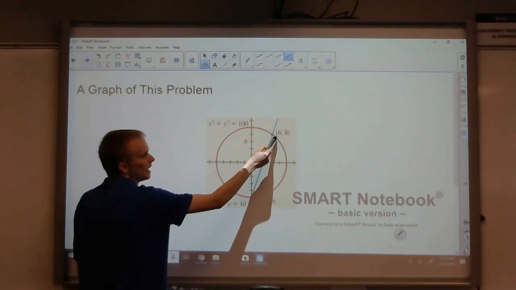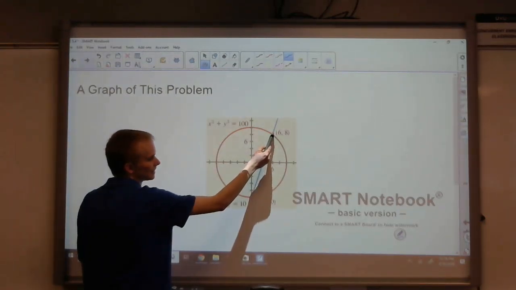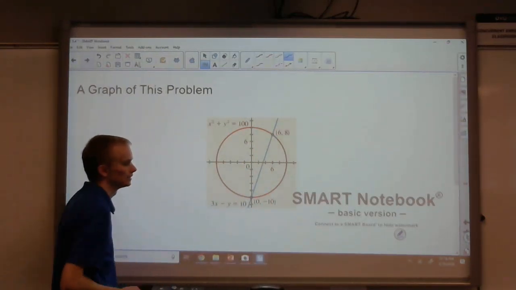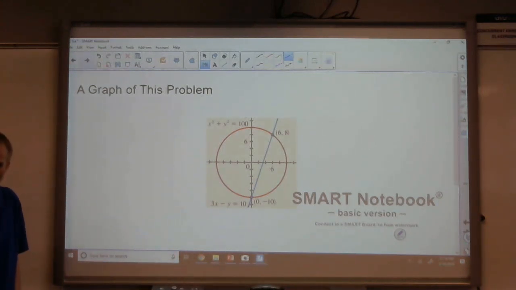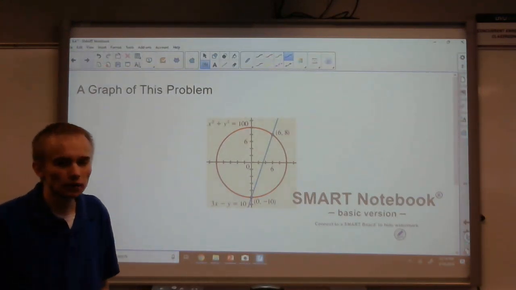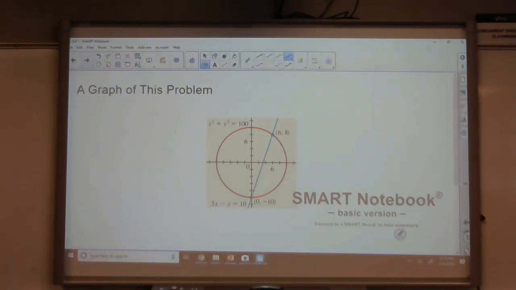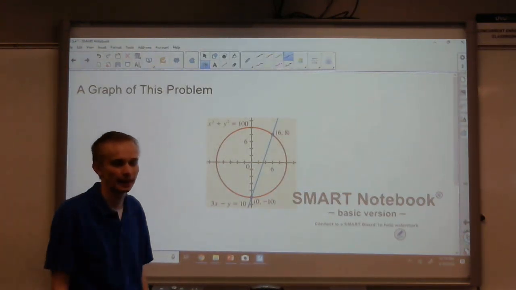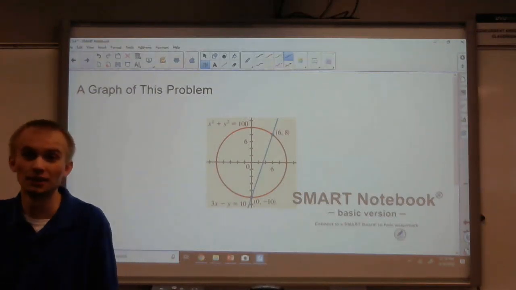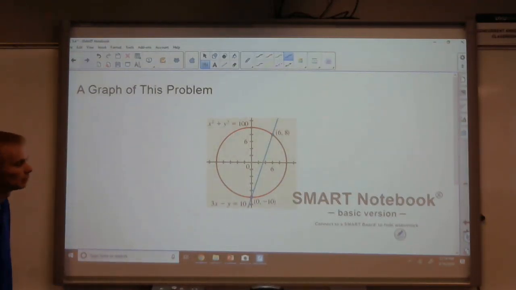You'll notice they touch each other at 6, 8, which is what I got, and 0, -10. So this is right. What we did actually did tell us where these two things intersect, which is pretty cool. We take a complex problem and we're able to solve it just algebraically by messing around with these equations.